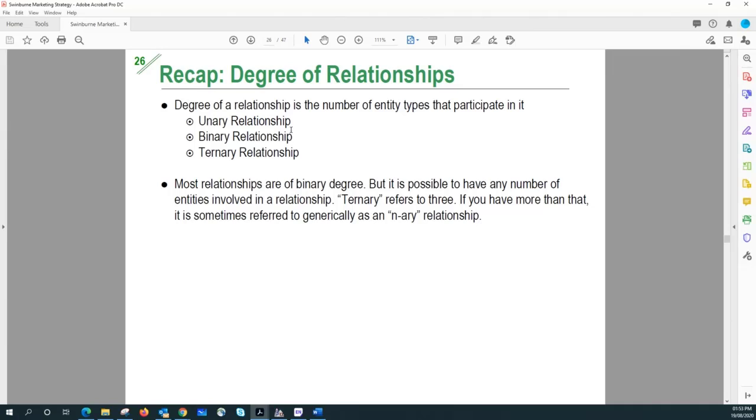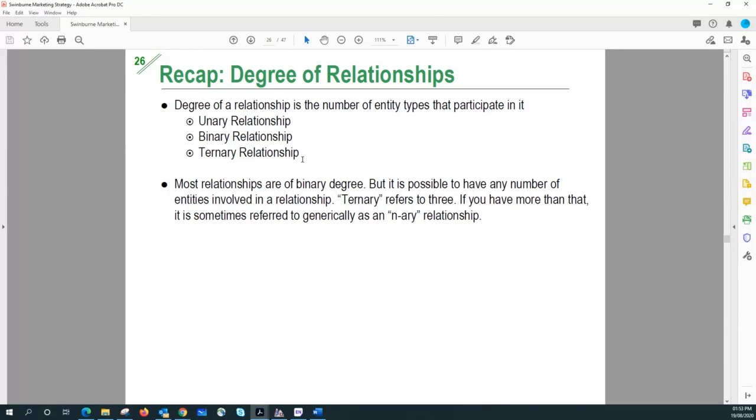We can have a unary relationship, where we have one entity, but the instances of the entity have a relationship with each other. Or we can have a binary relationship, which means a relationship between two types of entities. Or we can have a ternary relationship, which is a relationship between three entities.